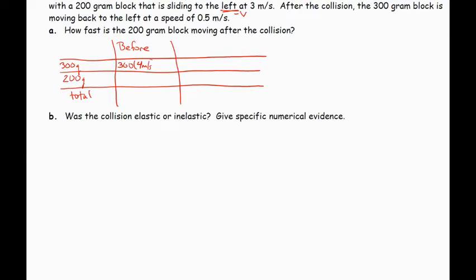And the momentum of my 200-gram block is 200 grams times negative 3 meters per second. The reason I'm able to keep it in grams here is because the grams are going to cancel on both sides of my calculation, so I don't need to worry about that. So afterwards, I have my 300-gram block.